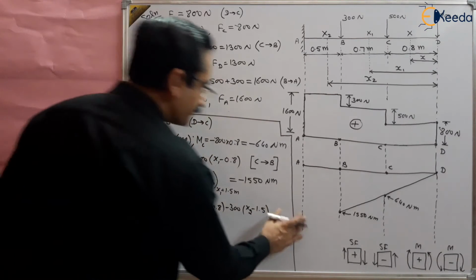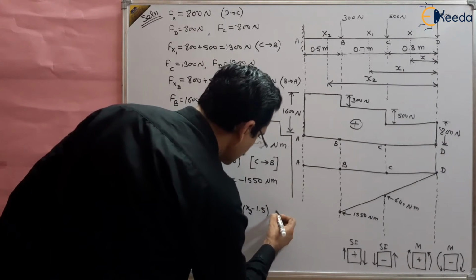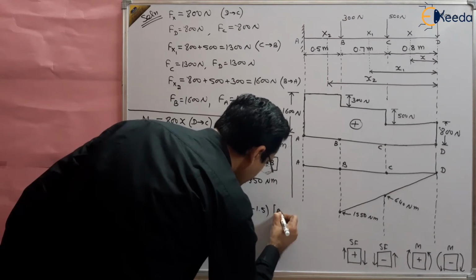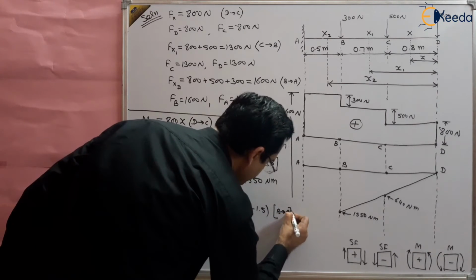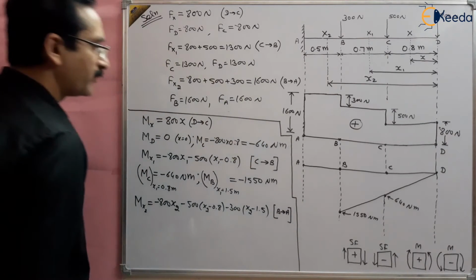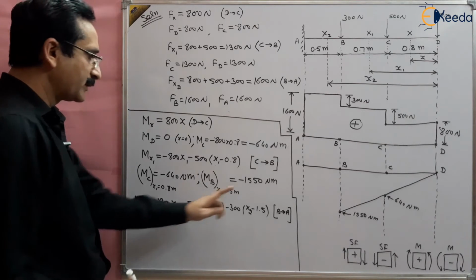And this is valid between B to A, right? Now, what is the value at B and what is the value at A?